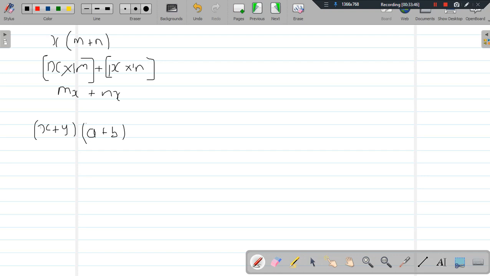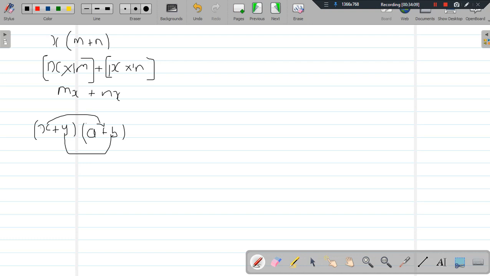Alright, so we have something called algebraic expansion. This one is algebraic expansion. This is also an algebraic expansion. Now how do we expand this? The rule is that you pick the first term over here and multiply every term in this. Then you pick the second term and multiply every term over here.